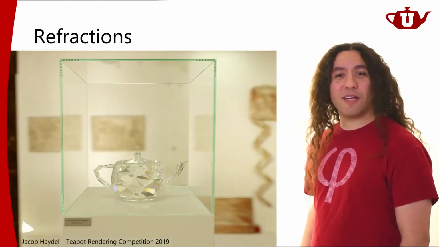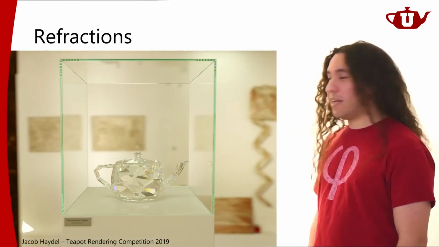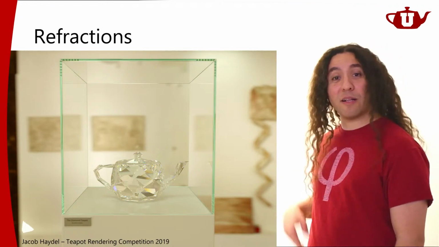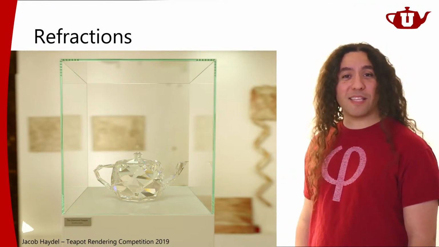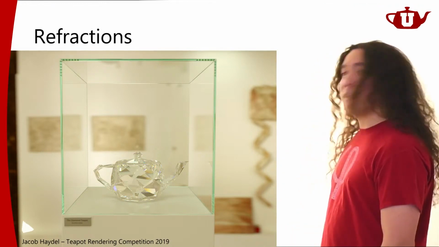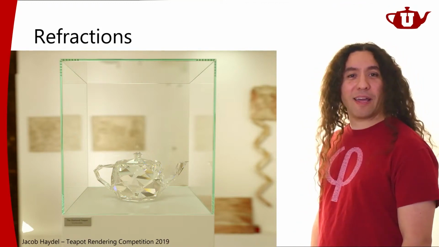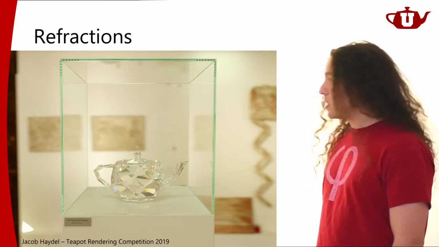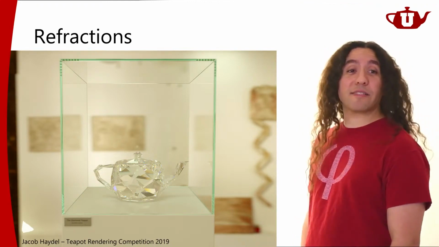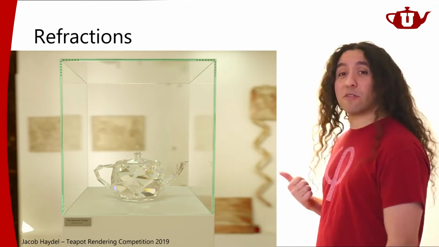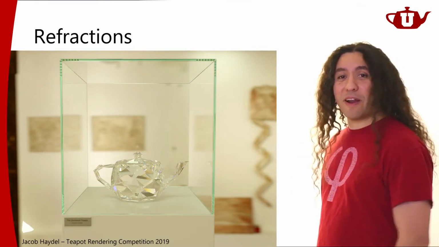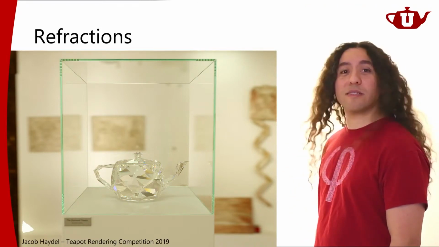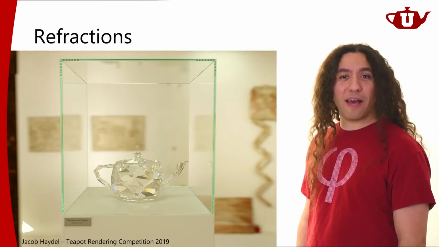An example is here. This is an image rendered by Jacob Heidel, who won the last teapot rendering competition. And here he's showcasing a refractive, triangulated Utah teapot using diamond as the index of refraction. And this is actually a spectral render, so you can see some color variations in these refractions, which is what happens in reality.